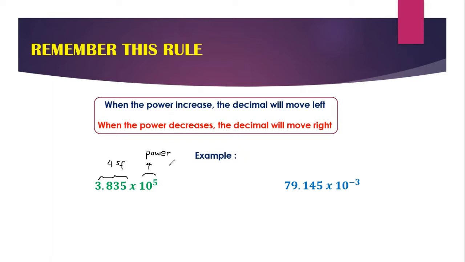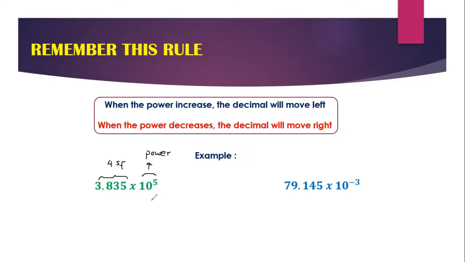We can modify 3.835 with a different power. The pointer is the decimal. Please focus on the moving or the place of the decimal.